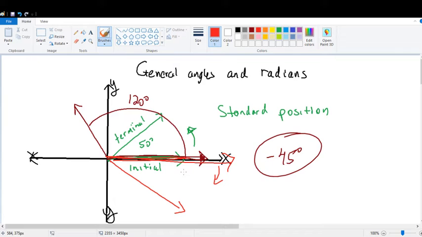So we can say that this right here is negative 45 degrees. And again, this symbol here just tells you what direction the angle is going. Okay, so counterclockwise is going to be a positive angle. If it's negative, it's going clockwise. So keep that in mind.